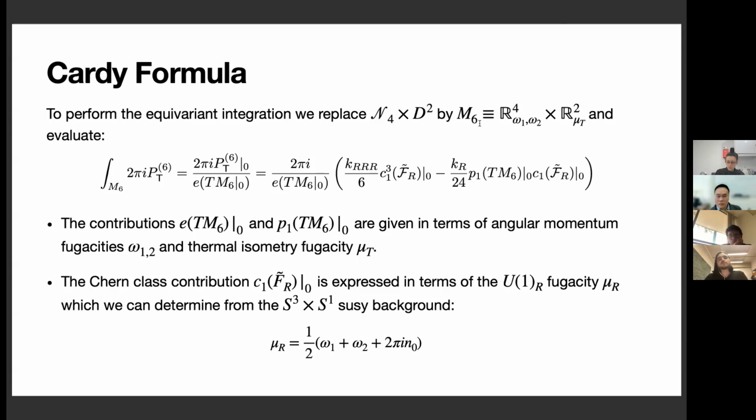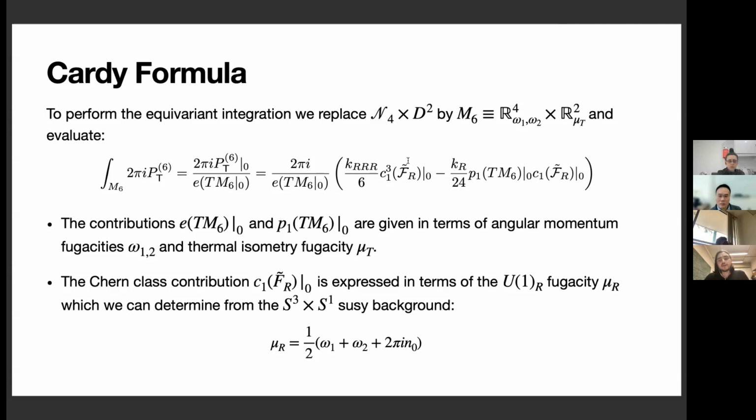And then what we have to do is to compute the equivariant integration of the anomaly polynomial on this 6-manifold, which according to the formula will be evaluated only on a single fixed point, because this is the unique fixed point on this M6. And this boils down to evaluating this formula here, where we just replace the expression for the anomaly polynomial that we found before, extended to this 6-manifold.